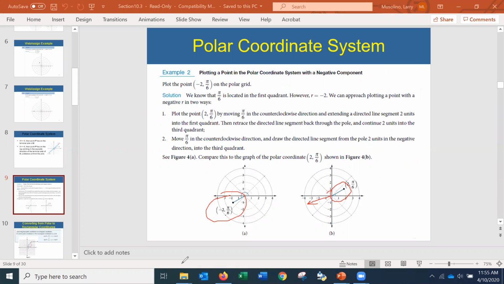So let me say that again. If you want to plot a negative r, first pretend like it was a positive r. Draw that point. Then reverse direction. Instead of going out that direction to 2, it's almost like turning around and walking in the opposite direction to 2.